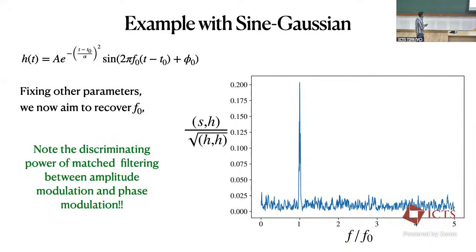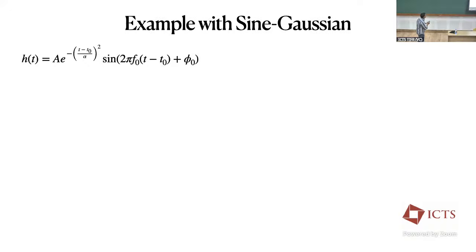So when you vary alpha, what actually happens? The phase of your signal does not change, right? The exponential fall off changes. That means the amplitude is modulating by changing that alpha. But when you increase F naught, then the phases are also changing, right?